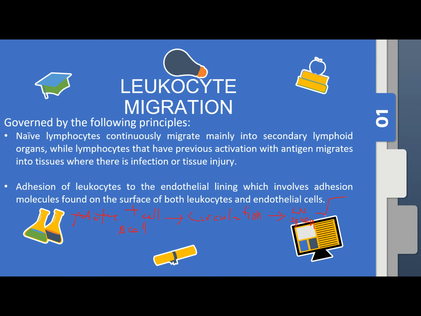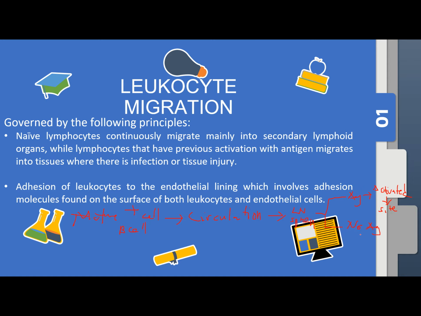Now, what happens here is that there are two possible ways. The first one is that it would encounter an antigen. If it encounters an antigen, class, it would become activated. And once it is activated, class, it would go to the site of injury or site of infection. But let's say there is no antigenic stimulation, there was no antigen found in the lymph node or the spleen.